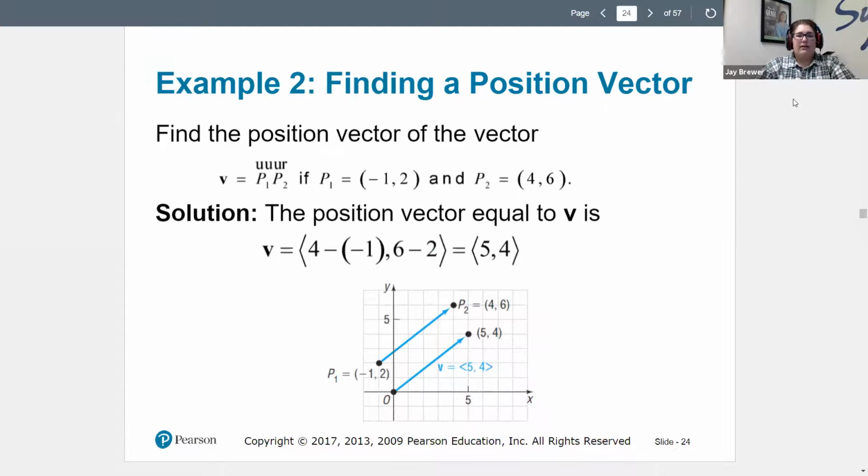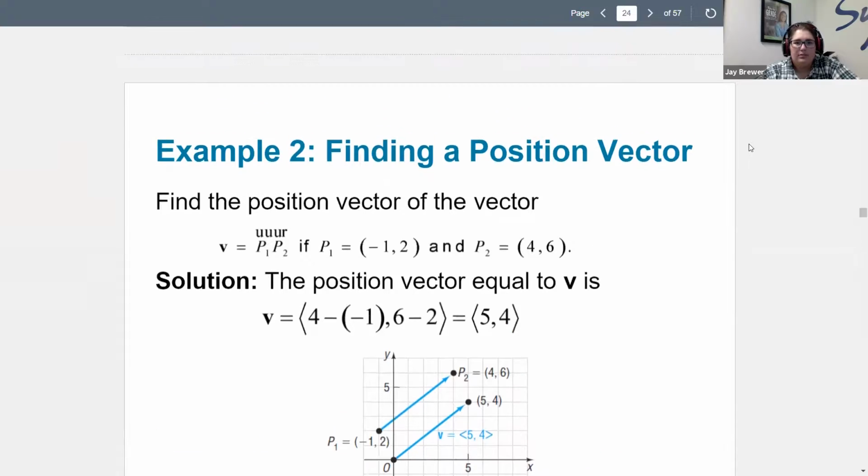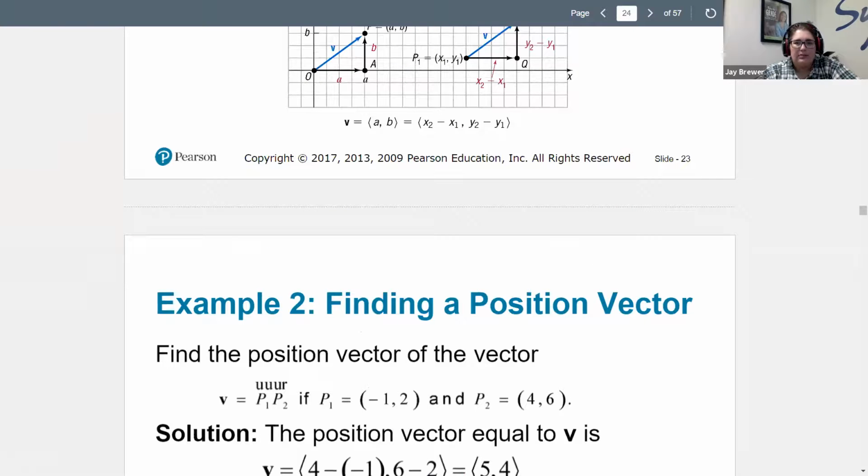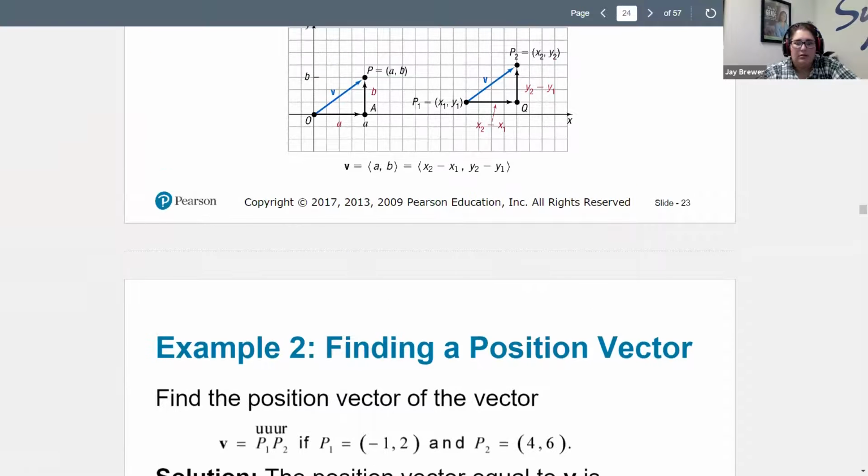Example 2, finding a position vector. Find the position vector of the vector. So if v equals p sub 1 p sub 2, let's just practice that out. If p sub 1 is -1, 2, and p sub 2 is 4, 6, then what would we do?